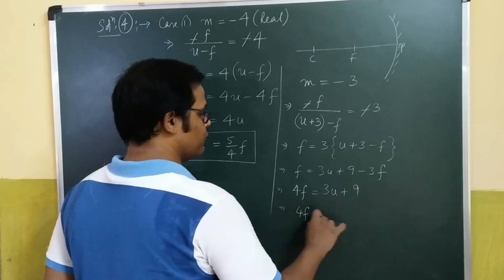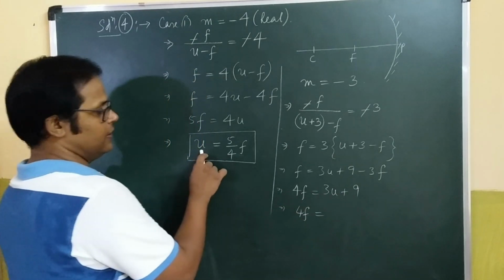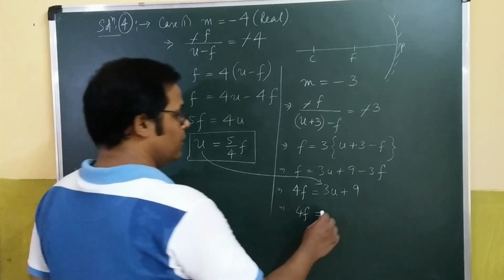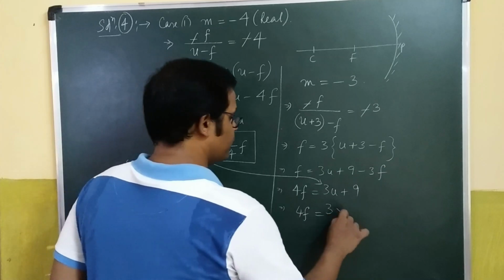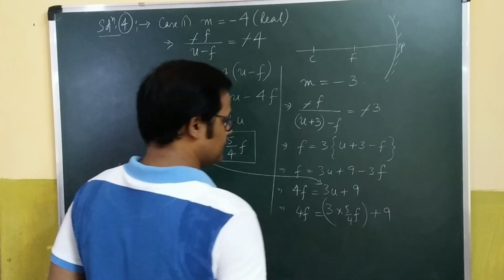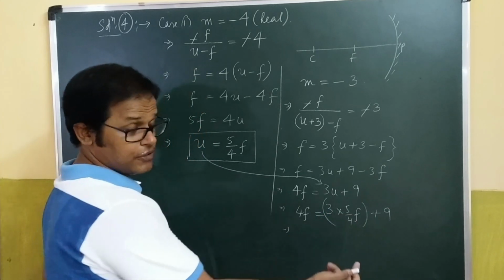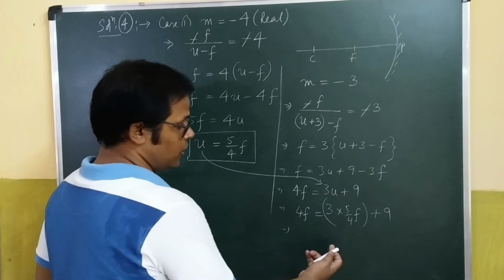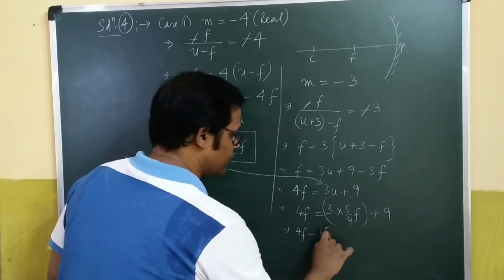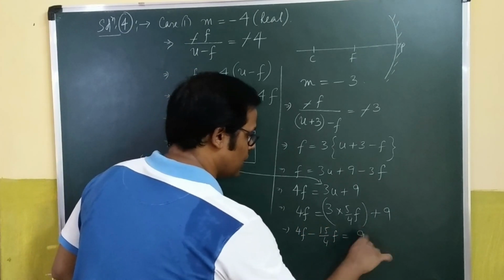Now in place of u, you just put it here. The u is 5 by 4 times of f plus the 9. So you will be finding 3 into 5 is 15, 15 by 4. So if it comes on the left side, 4f minus 15 by 4f is equal to 9.